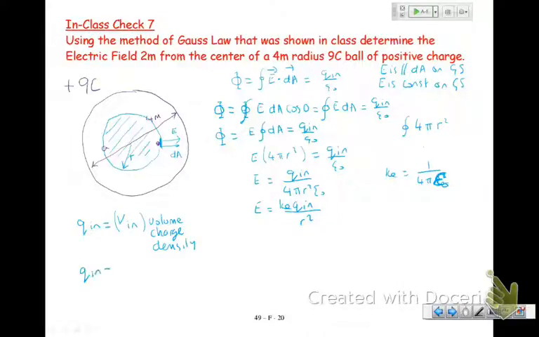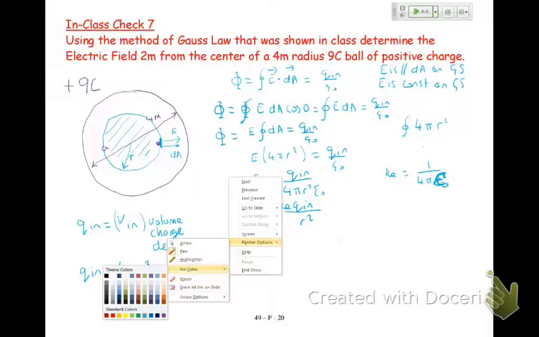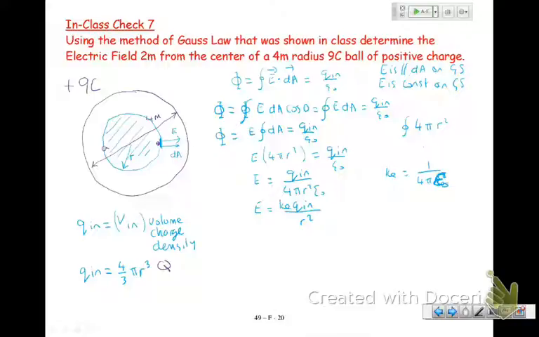So my Q inside is going to be 4/3 pi R cubed, because it's the inside, times, and I'm going to change my pen colour just to emphasize this, really try not to make mistakes here, Q, which is the total charge, over the volume of the total charge, 4/3 pi A cubed. Because the R is for the Gaussian surface, so that's the small volume, and the A is for the charge, and that's the big volume.